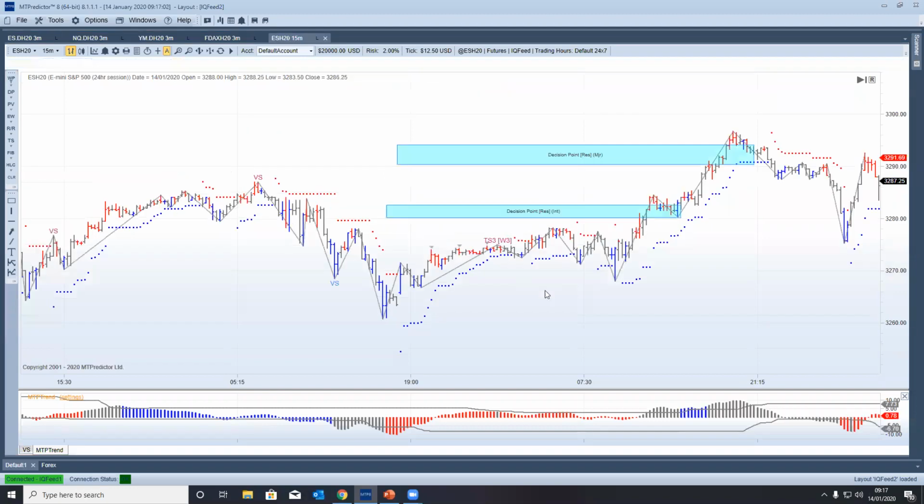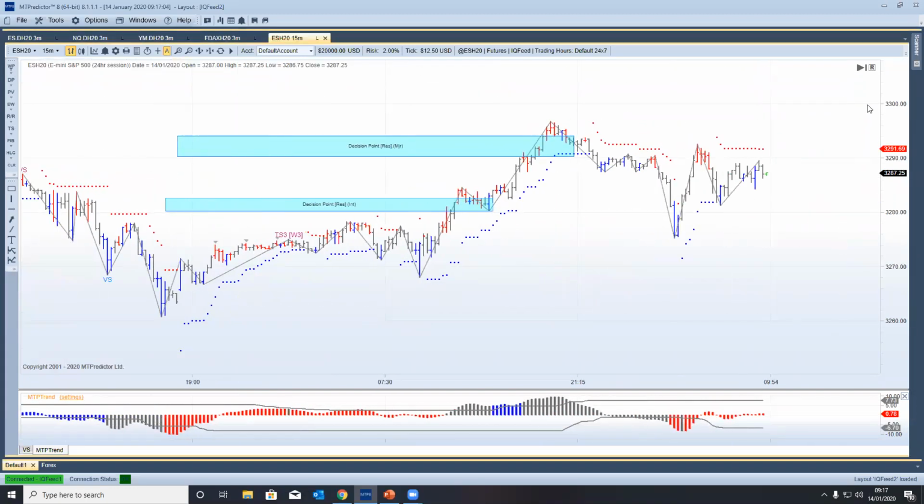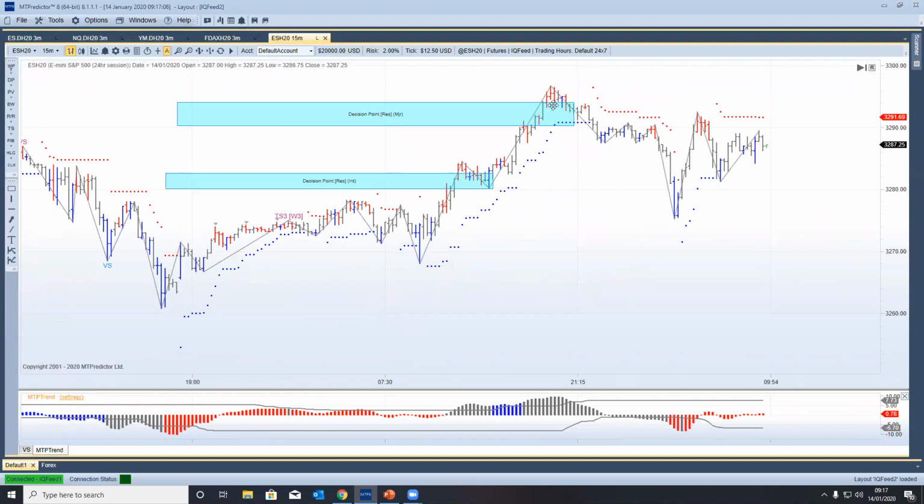If I turn trading mode off, guess what? It didn't quite do it. Here it went into it and went slightly beyond it. So this is what happens sometimes. I mean, if the market reversed at these DPs every single time, we'd all be billionaires. But this is the hard part of trading: nothing works 100% because you go into that random phase.